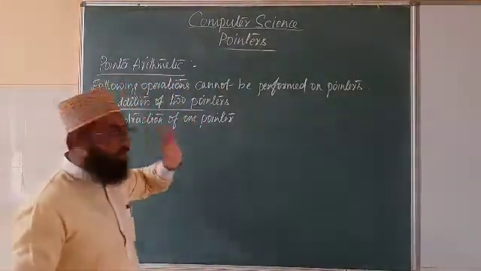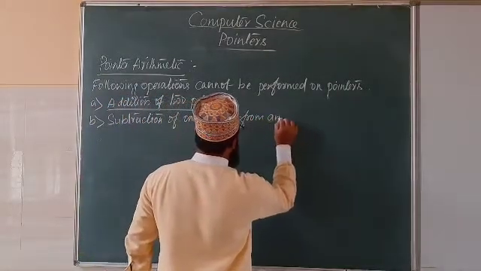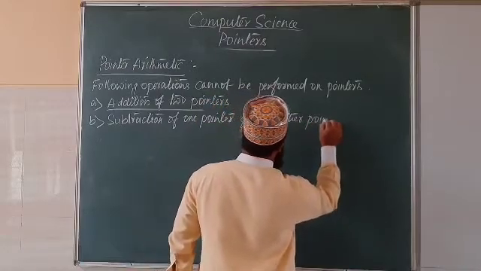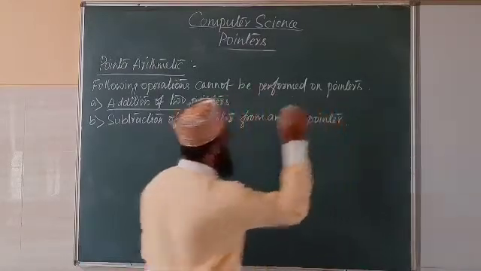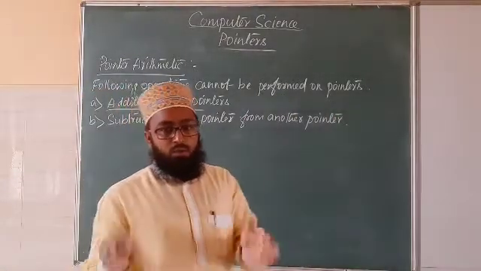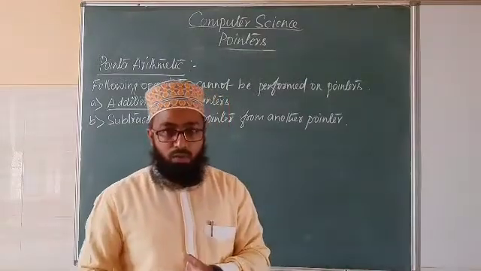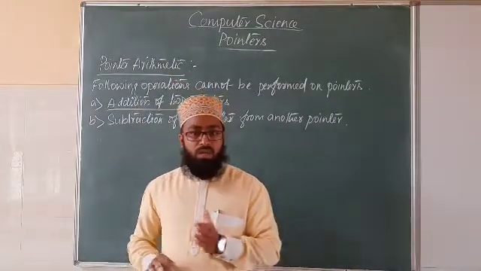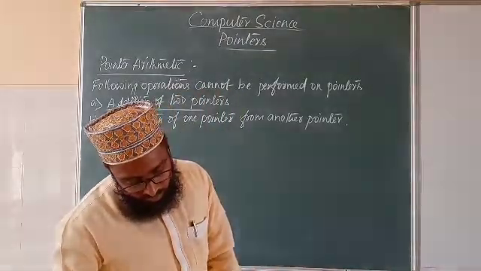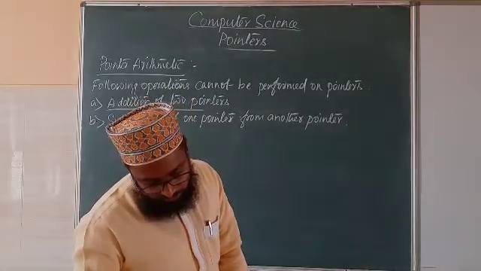Then subtraction of one pointer from another pointer, at what time? If they are not from the same array. If from the same array, if the elements are of the same type, we can perform subtraction. But if the elements are not from the same array, at that time we cannot perform these operations.